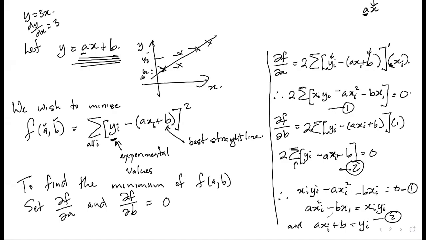So it is going to be a, the sum of xi squared plus b, sorry, should be plus. These two go over the side of the equation, so it becomes plus.